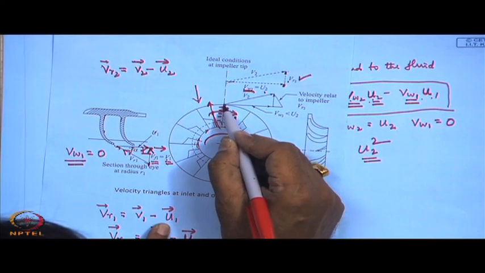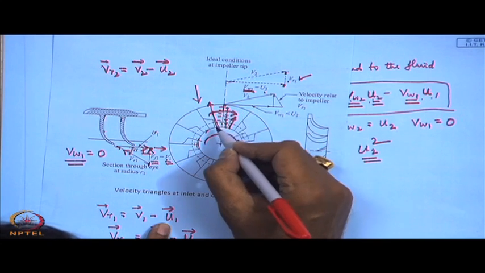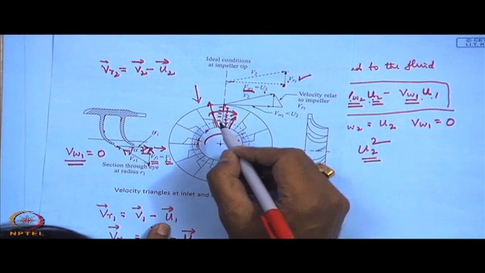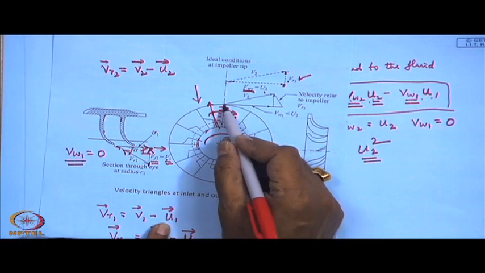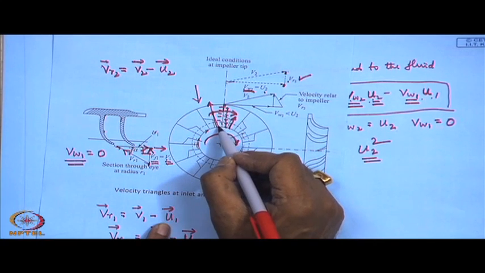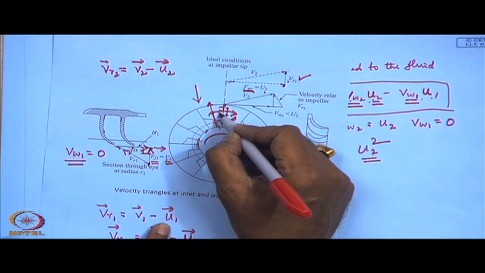Because of the blade curvature, it moves like that, and at the same time the fluid flows in the radial direction. As a combination of that, the fluid element here is decelerated in the leading edge. This is the leading edge of the blade, and fluid here is accelerated. So there is a higher pressure here, there is a lower pressure here.